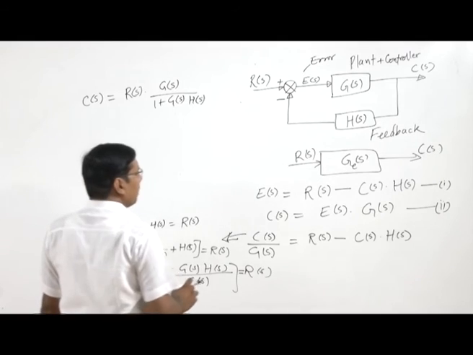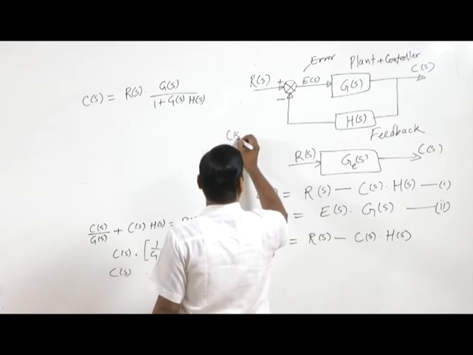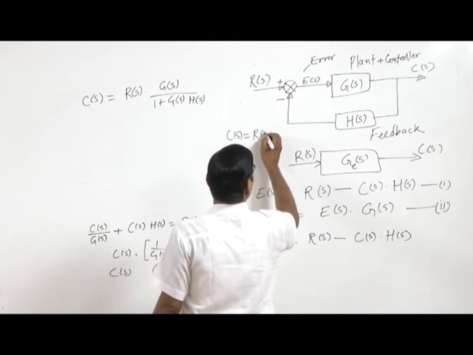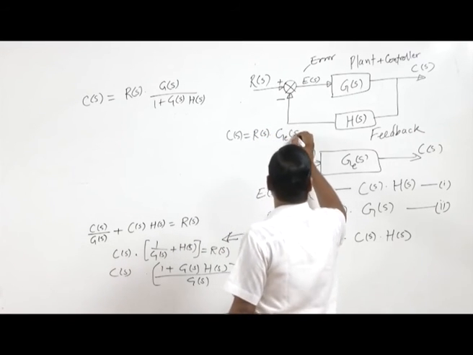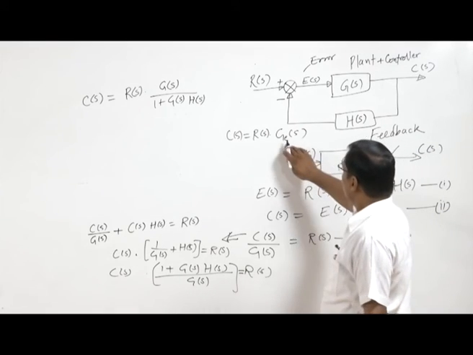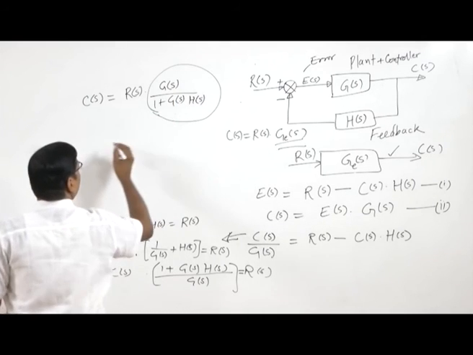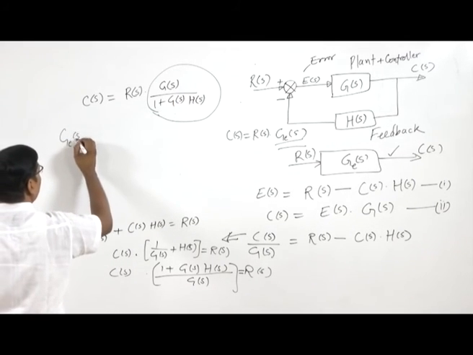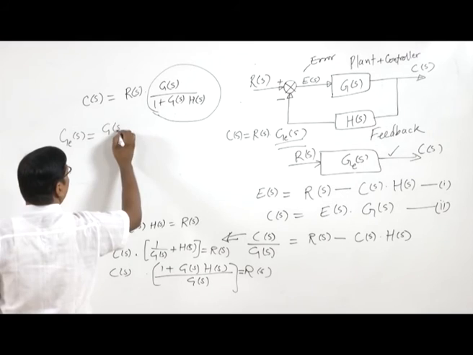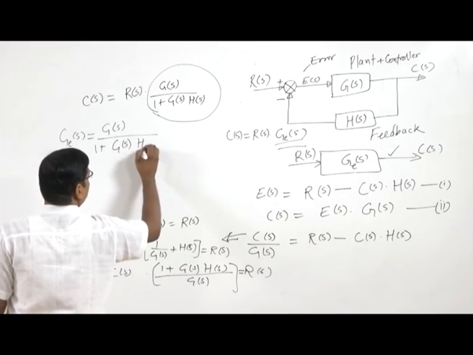If we compare this with here, because here C(s) equals R(s) into G_E(s), we can see G_E(s) is this part. So G_E(s) equals G(s) upon 1 plus G(s)H(s).